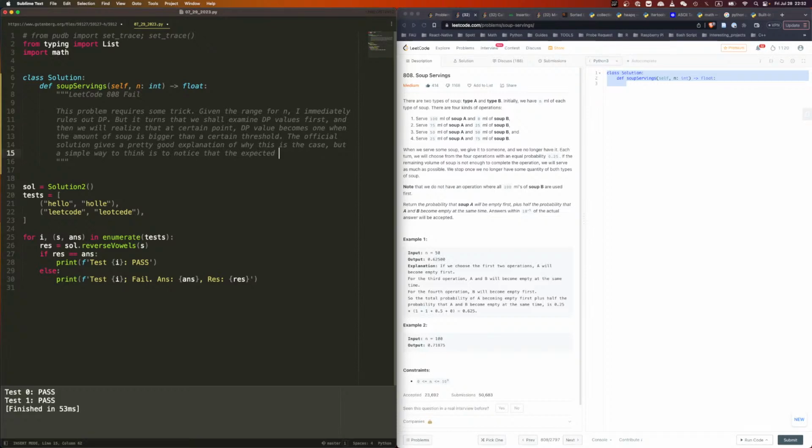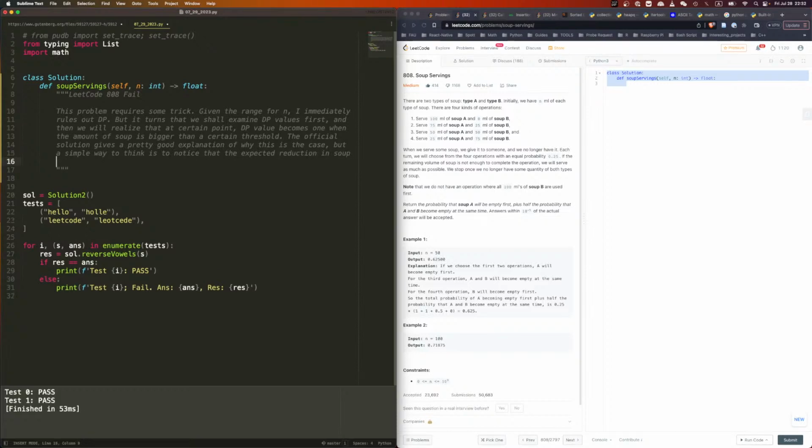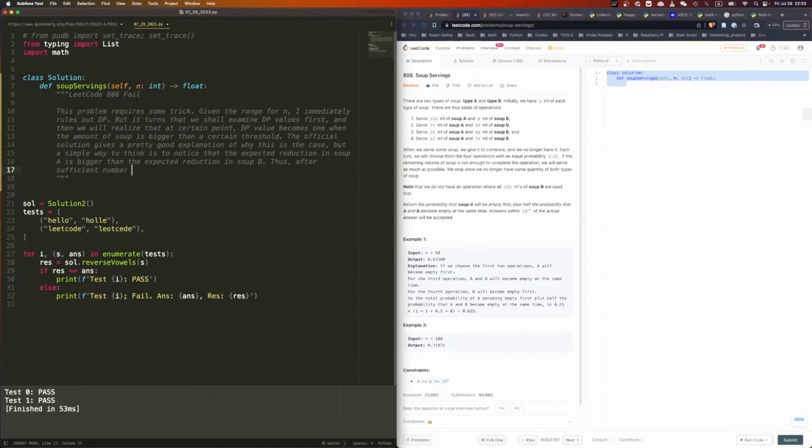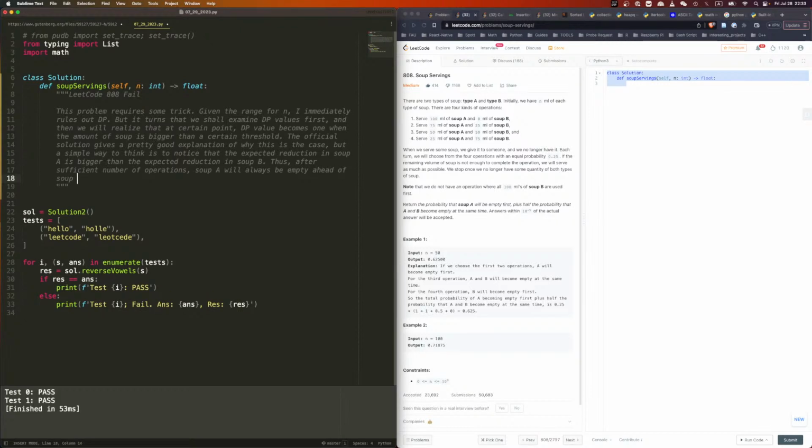Notice that the expected reduction in soup A is bigger than the expected reduction in soup B. Thus, after a sufficient number of operations, soup A will always be emptied ahead of soup B. In other words, when n is big enough, the answer is always 1.